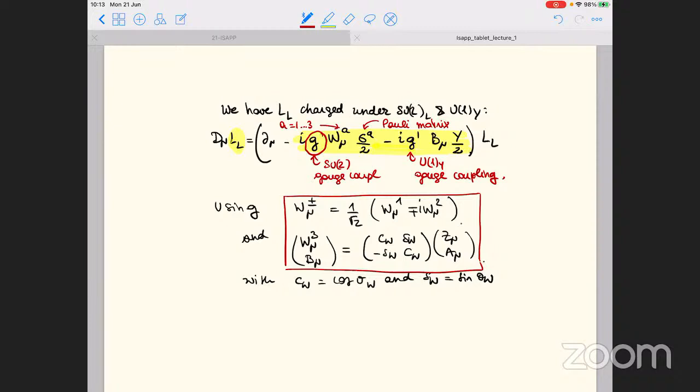I will just use A mu for the photon and Z mu for the Z boson. In going through this process, I introduce the Weinberg angle, which I will usually write as cW and sW, corresponding to cos theta Weinberg and sin theta Weinberg.